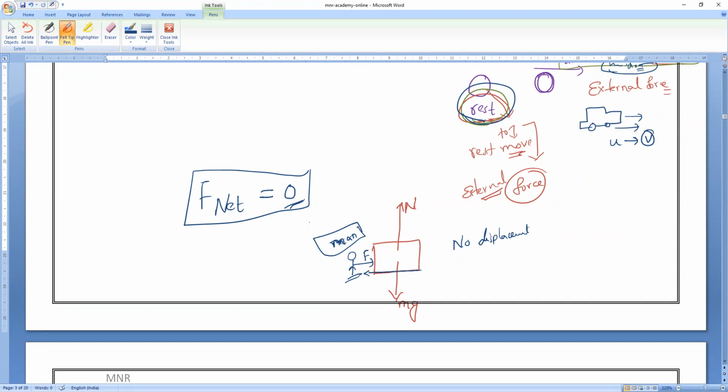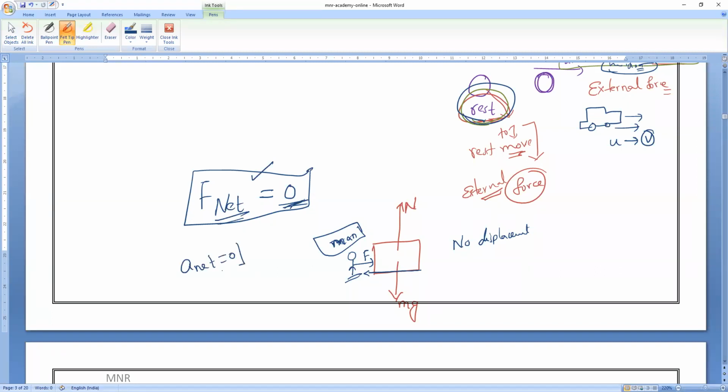So if you add everything, the total net force is equal to 0. That is what is called Newton's first law. If the force is 0, we all know that there is no change of state. Then acceleration is also what?